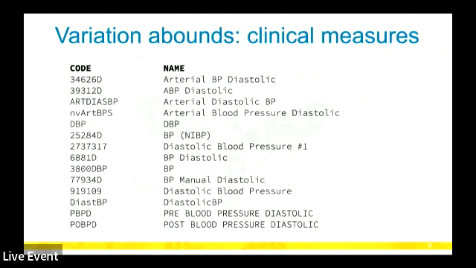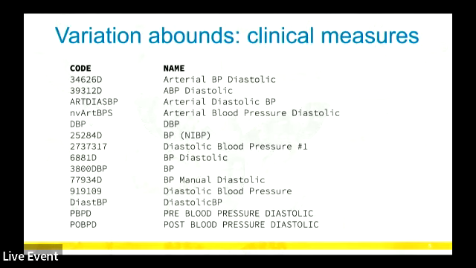You see different codes and different labels for that same measurement. And to a human who can review all these, you can make a judgment that this represents the same thing and is able to be aggregated or plotted together or what have you. But if you're an application and you're trying to figure out what do I do if I'm trying to find the last diastolic blood pressure measurement, you have a lot of trouble.